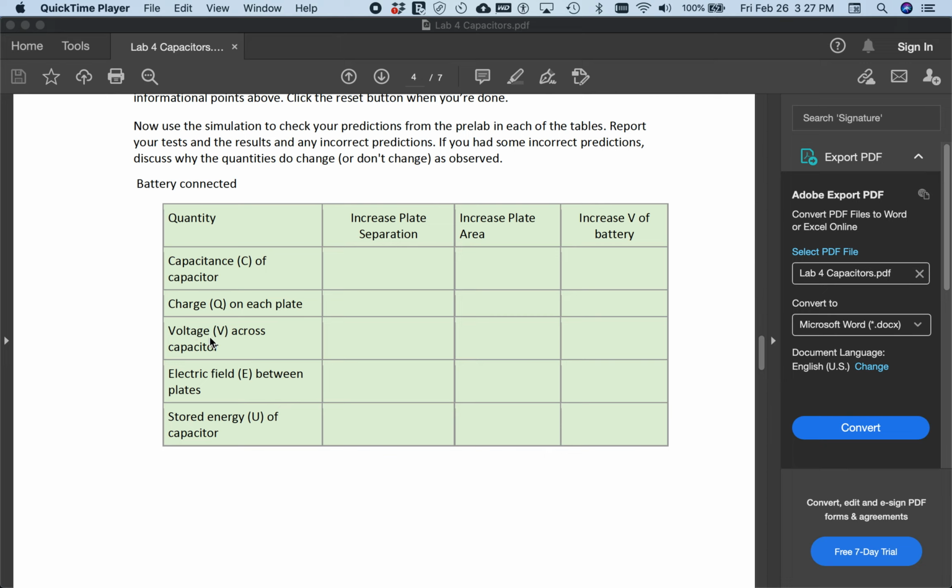Then they do the same thing for the voltage across the capacitor, the electric field between the plates, and the stored energy of a capacitor.